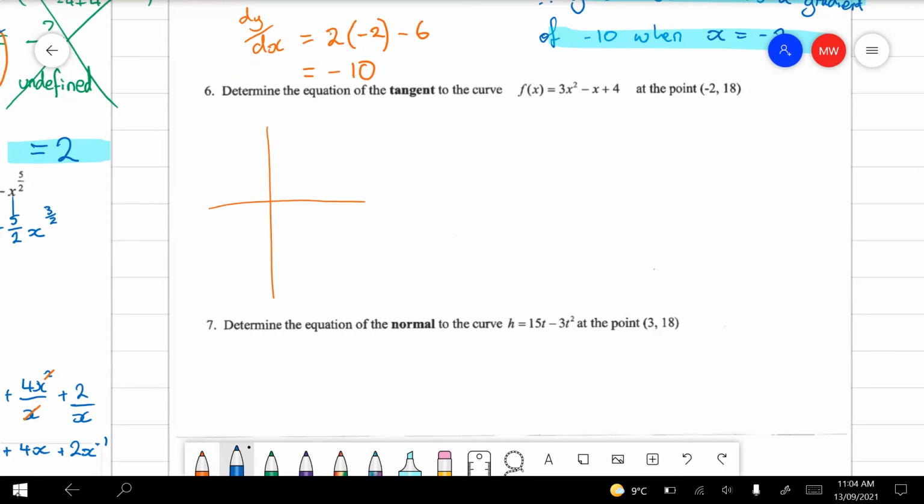And we have a curve that looks something like this, for example. The tangent is, so what have we got? We've got a point minus 2, 18. Let's say this is our point here, minus 2, 18. The tangent is a line that's parallel to that point. So that would be the tangent here.